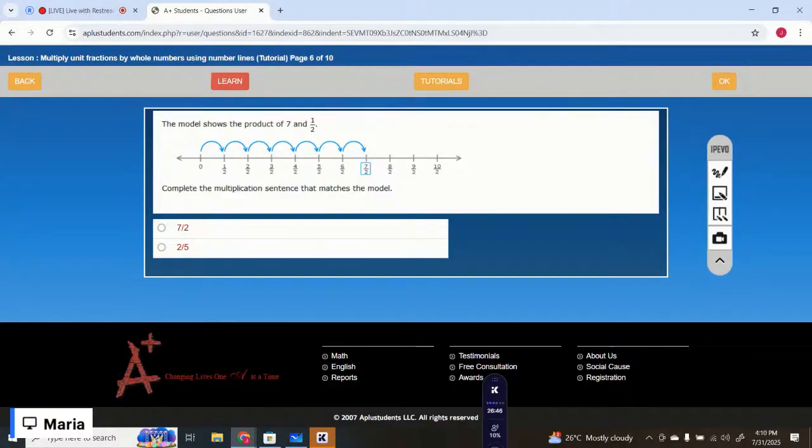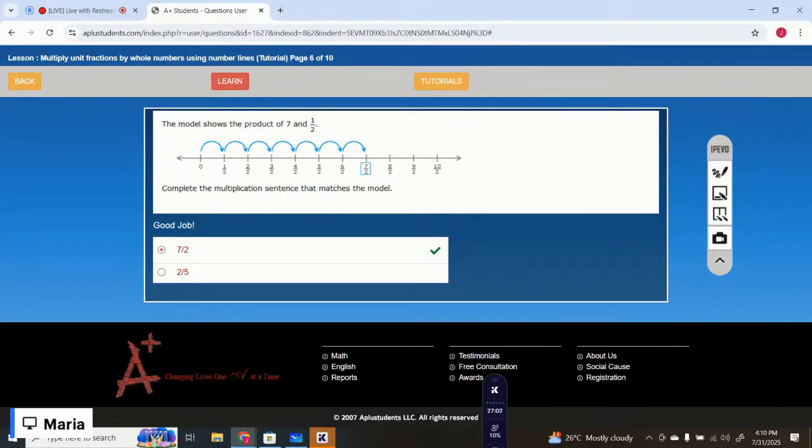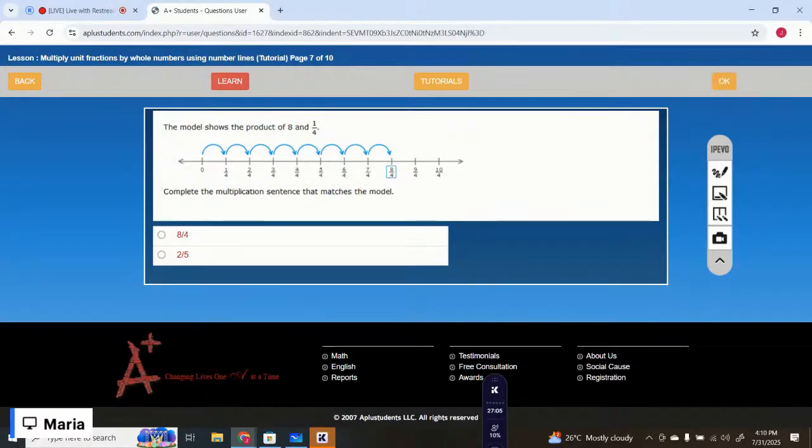The model shows the product of 7 and 1 by 2. That is 7 over 2. Option number 1 is the correct option. The model shows the product of 8 and 1 by 4.